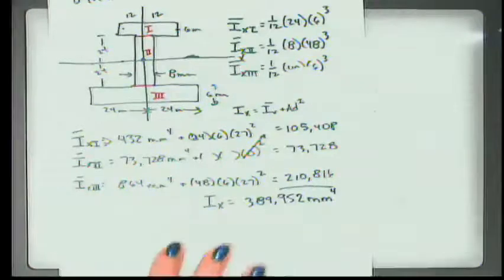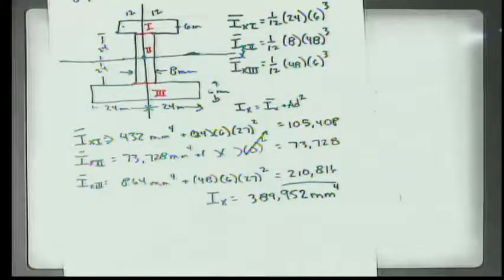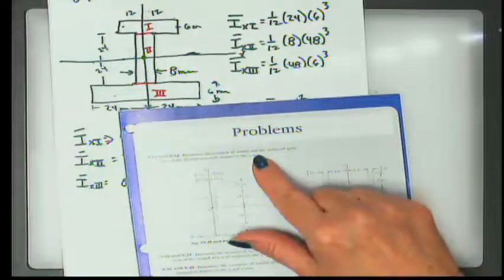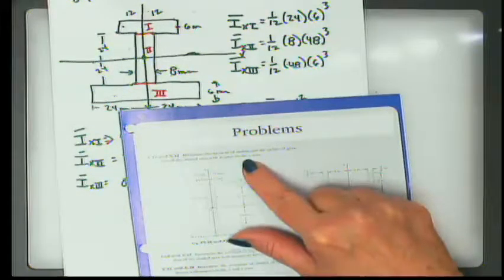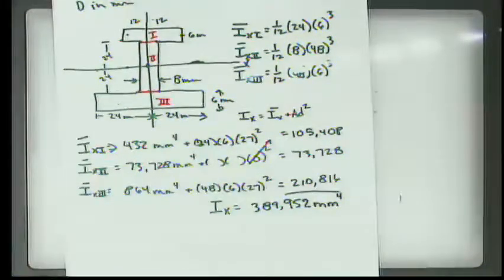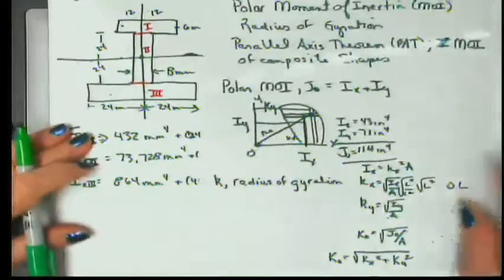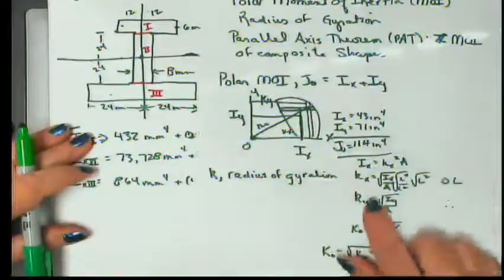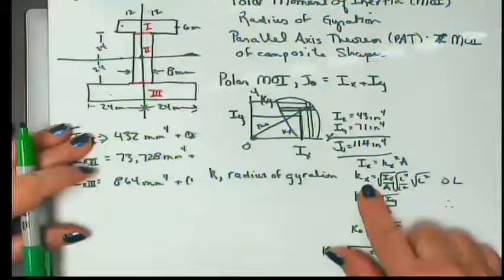All right, so for problem 1, we have now used the parallel axis theorem to move that value to a different axis. It says determine the moment of inertia and the radius of gyration. So when we talked a little bit today about the radius of gyration, what we would be talking about is a k sub x.